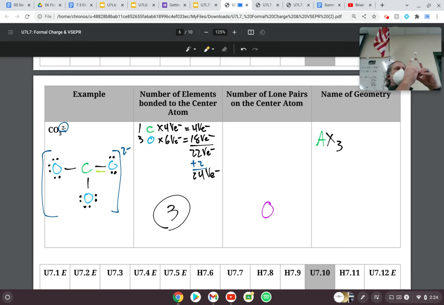This is an AX3 molecule. It is one central atom with 3 atoms bonded to the central atom.